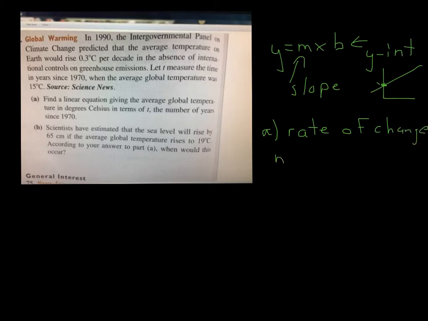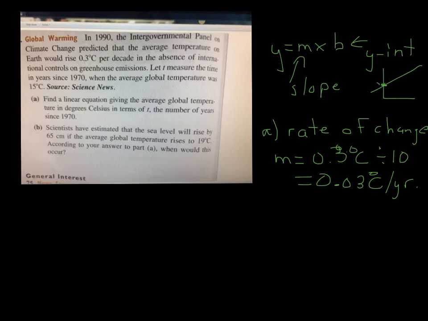And so we'll call that M, and we'll say that it's equal to 0.03 degrees Celsius, but that's per decade. Later on, they're going to want us to do this per year. So let's right now divide that by 10. That means it's 0.003 degrees per year instead of every 10 years, okay?